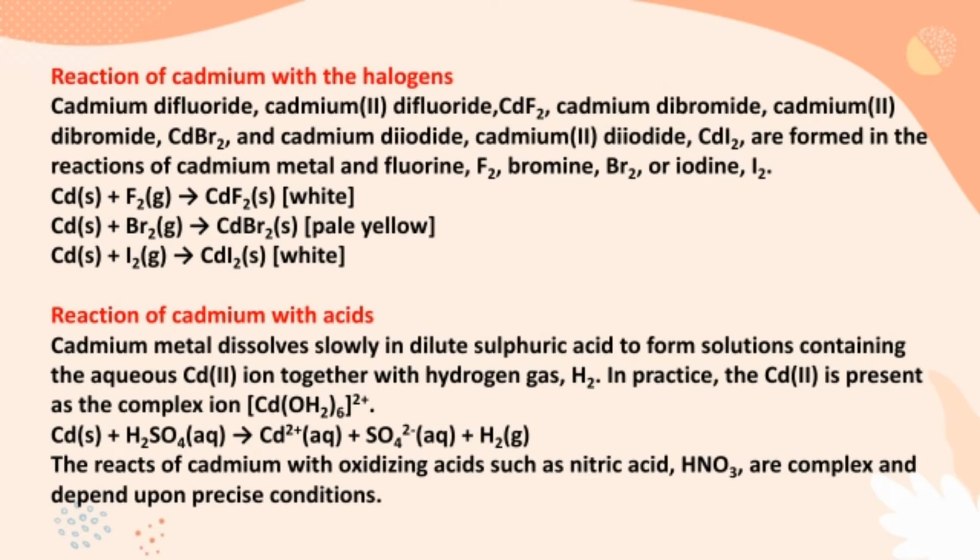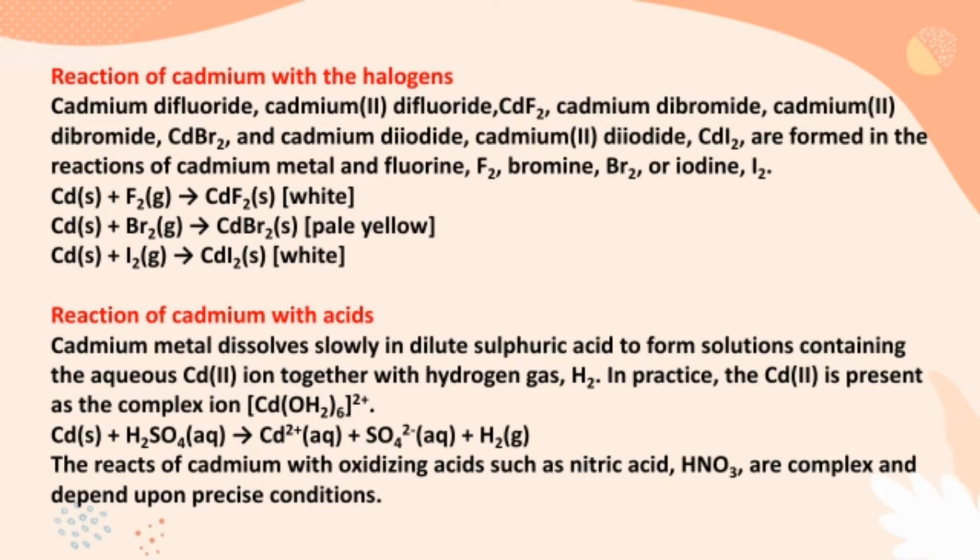Reaction of cadmium with the halogens. Cadmium difluoride, cadmium(II) dibromide, and cadmium(II) diiodide are formed in the reaction of cadmium metal and fluorine, bromine, or iodine.